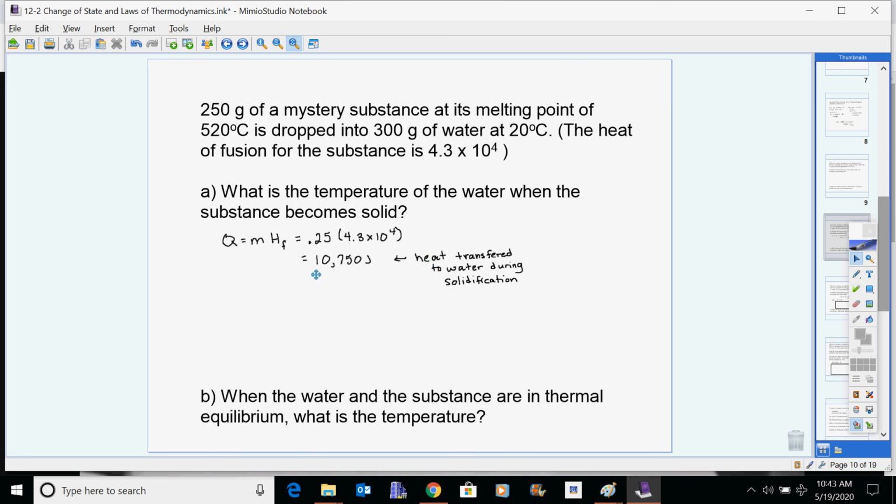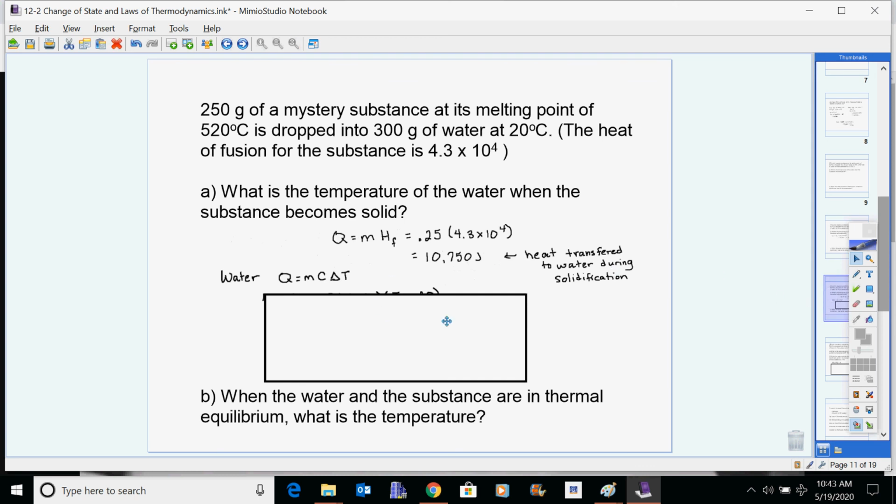Well, what did that heat transferred into the water do to the water? The water was already in its liquid state. So what happened was that the heat transferred into the water is used to make the water warmer. So we have a second thing happening. The energy, the 10,750, is being put into the water: mc delta T, mass times the specific heat times the change in temperature.